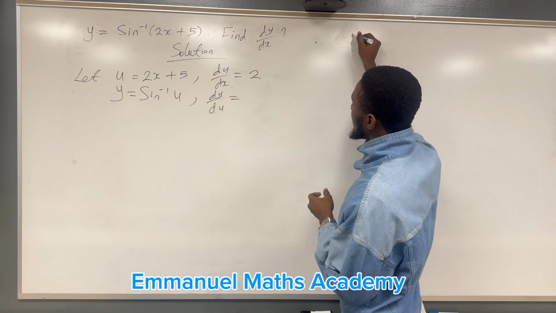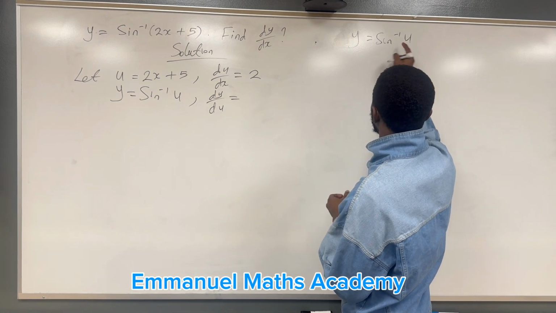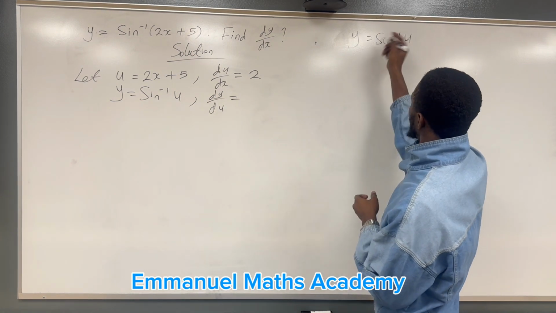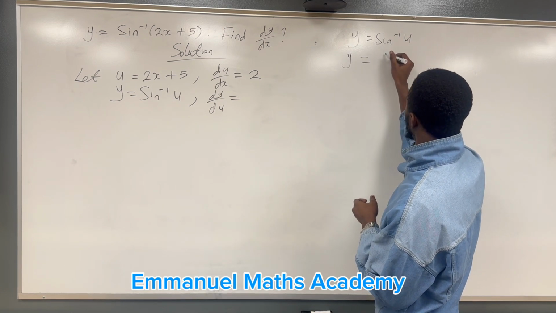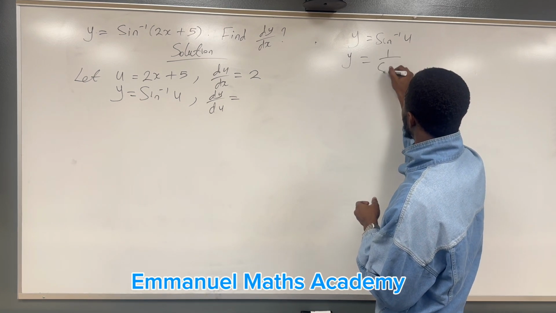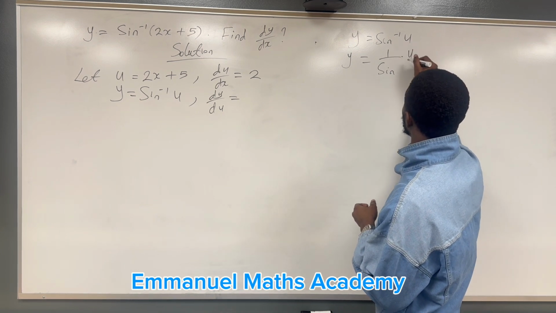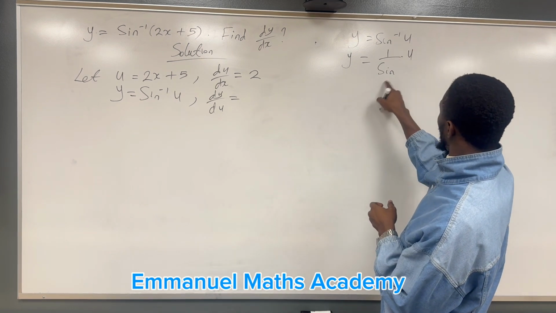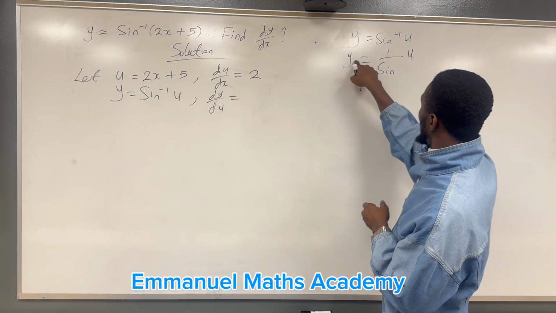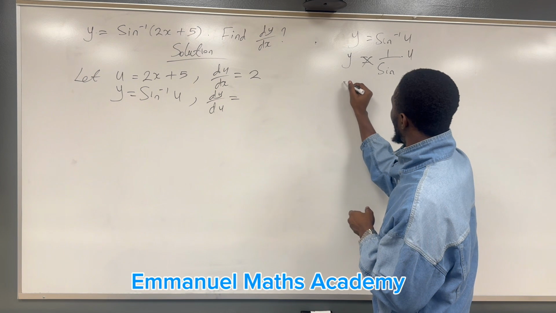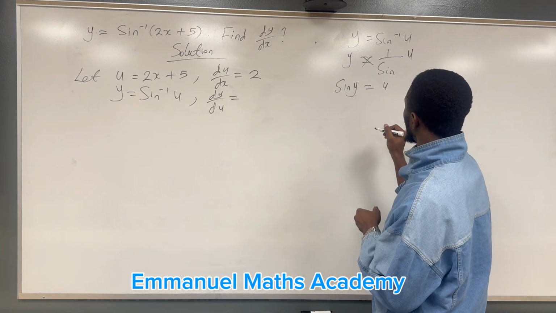So this y is equal to sine inverse of u, which is the same thing as saying sine y equal to u. Because of this inverse, this will come down. If you cross multiply, you have sine y equal to u.